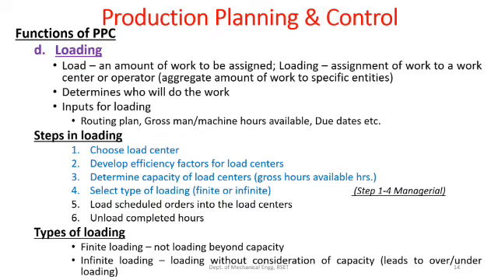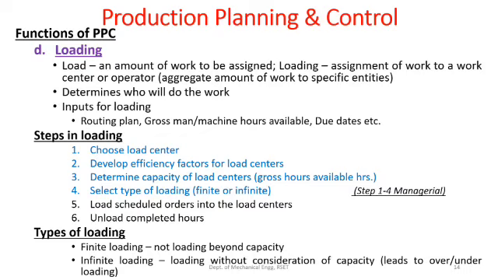It might be the gross machine hours or the gross man hours, depending upon the limiting factor, whether it's the man or the machine. For example, take the case of a machine that is available for productive purposes 24/7. That means it can work for 24 hours a day and 7 days a week. But the operator is available say for only 16 hours a day.